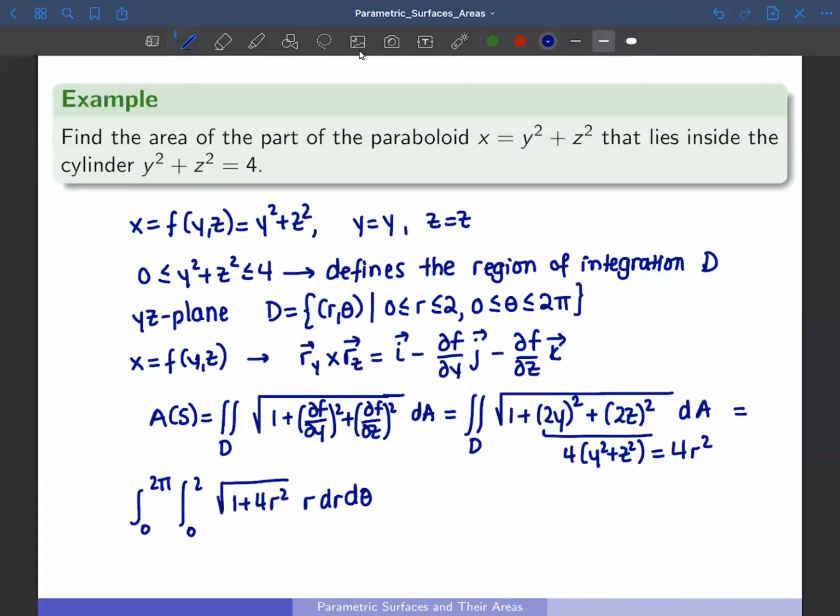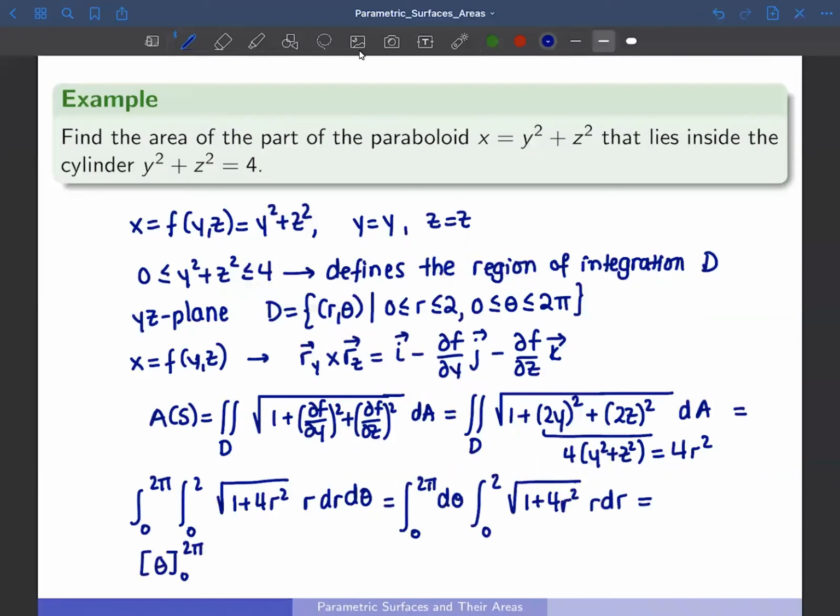And if we now split the two integrals with respect to r and theta and multiply, we have the integral from 0 up to 2 pi d theta times the integral from 0 up to 2 of the square root of 1 plus 4r squared times r dr. So the integral of d theta will give us theta, which needs to be evaluated between 0 and 2 pi.